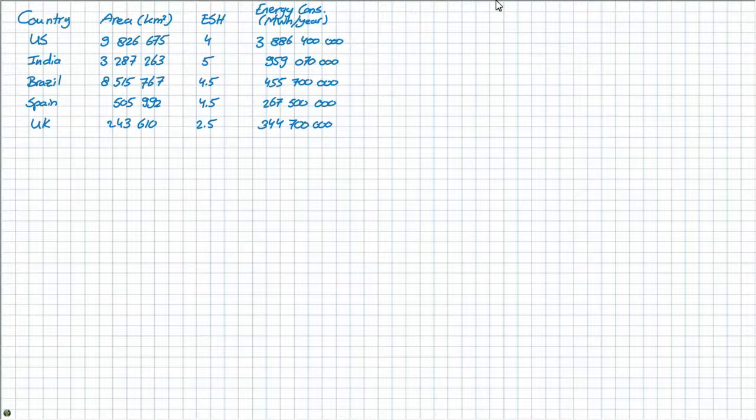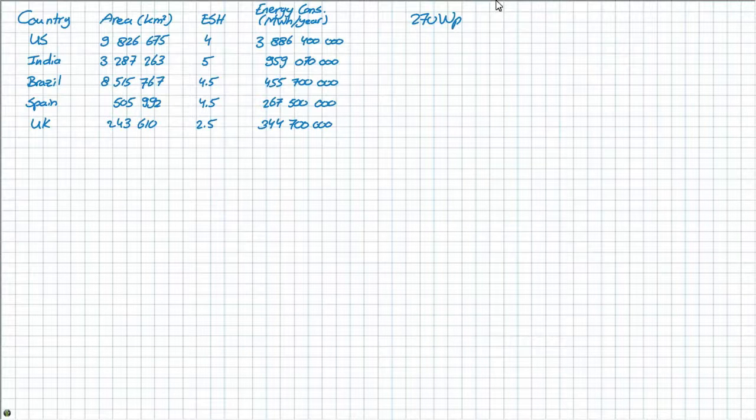So for the US, this is 4 hours per day with an irradiance of 1000 watts per square meters. And for India, this is 5 hours. Imagine you have a 270 watt peak PV system. Then the first sub-question asks, in which country would be best to place the panels to obtain maximum output?